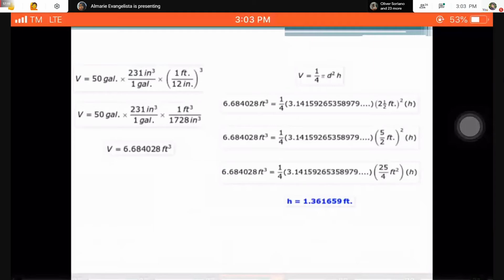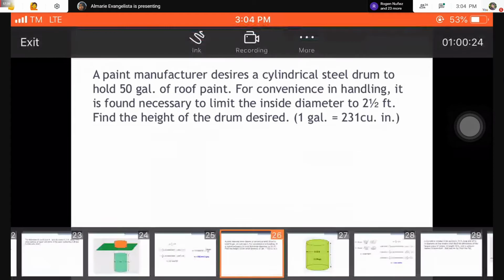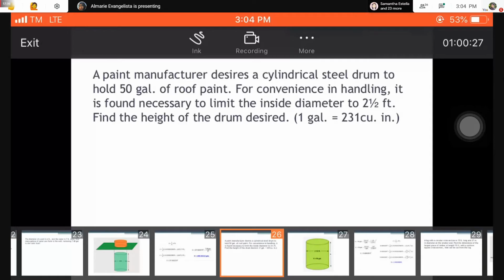So, yung volume, kinonvert niya muna sa cubic feet, since in-indicate dun sa problem. Cubic feet kasi volume siya, so kailangan naka-cube.